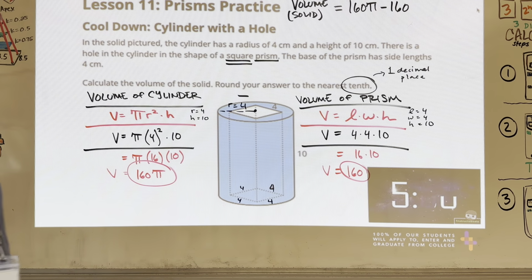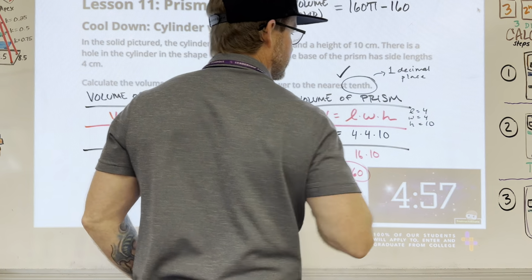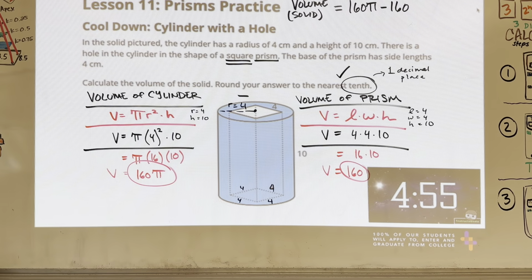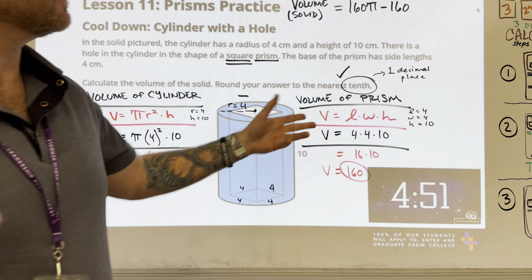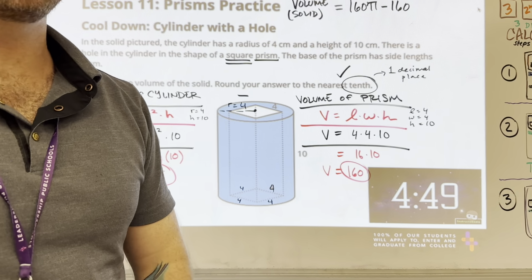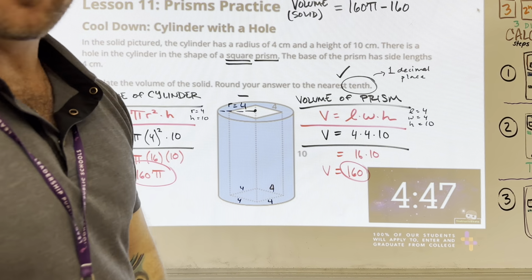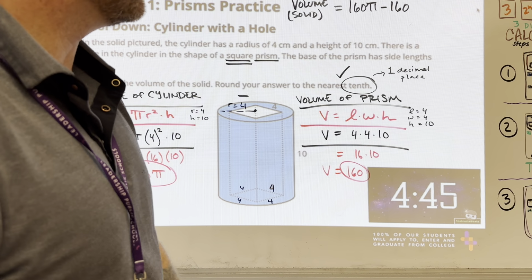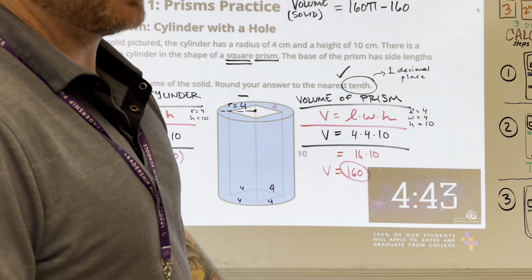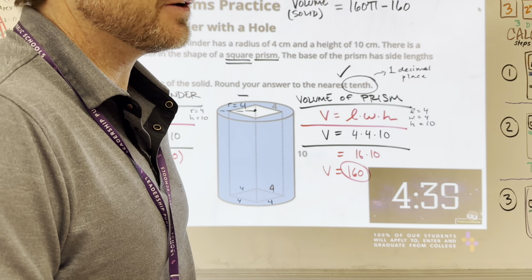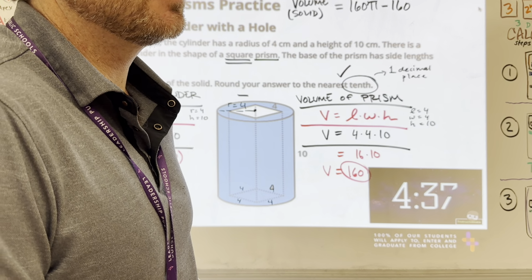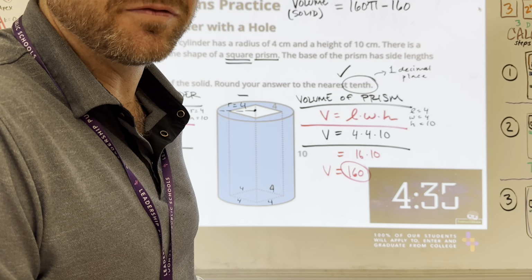Now, don't forget, you got to round that to the nearest tenth. So what do I do here? You could factor out a 160 and then go times pi minus 1, but that's just kind of silly. That would have been 160 times 2.14.